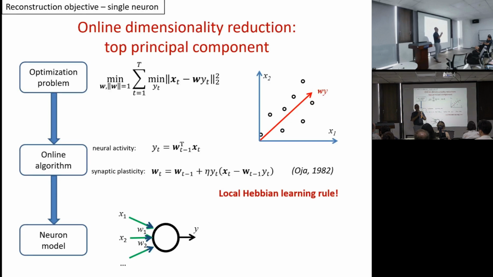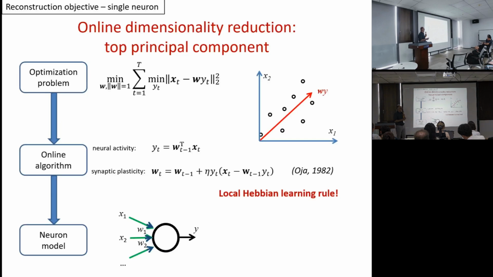I think the question was, if all the data comes from the subspace that is orthogonal to the W, then Y will never be non-zero. If Y is never non-zero, then W will always stay orthogonal to the subspace of the data. But we can assume that that's not going to happen.